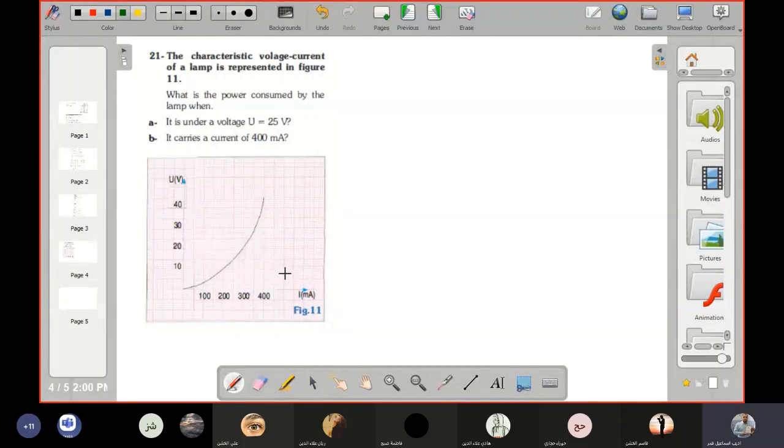What's the power when the voltage is 25 volts, Ryan? Power equal, from the graph.